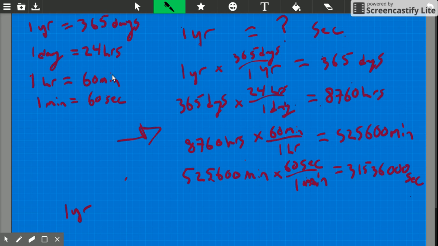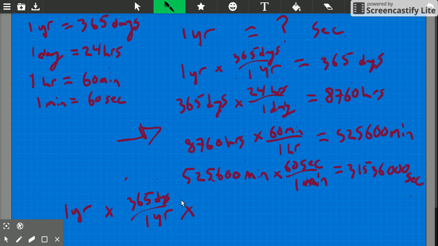So let's create a string of conversion factors that we know will give us the correct units when we multiply them all together. First I need to get rid of years. So let's write in the conversion factor that gets rid of years. That's going to be 365 days per year.